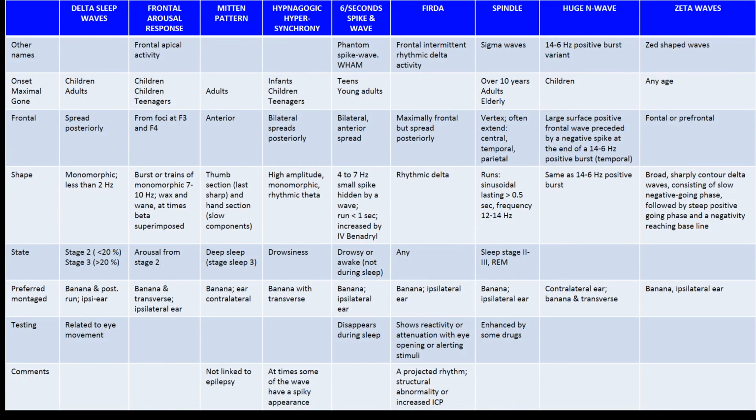This chart again summarizes the most frequent activity arising from the frontal region. Please take a few seconds to look and compare huge N wave with all the others. If you have to stop the recording at this point to look at them, please do so.